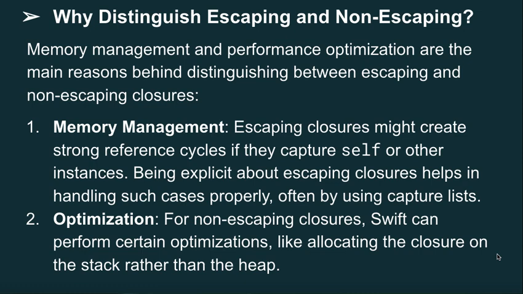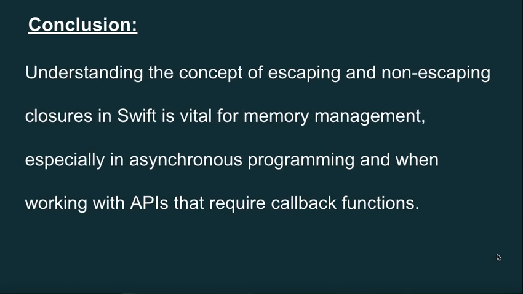Being explicit about escaping closures helps in handling such cases properly, often by using capture lists. Number two, optimization. For non-escaping closures, Swift can perform certain optimizations like allocating the closure on the stack rather than the heap.